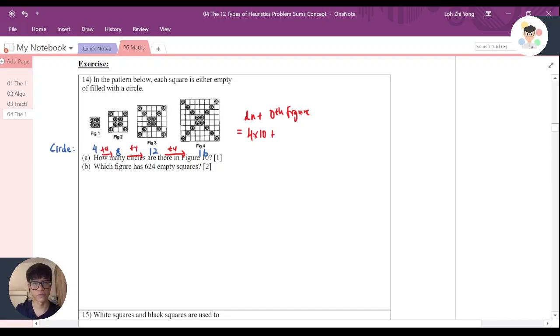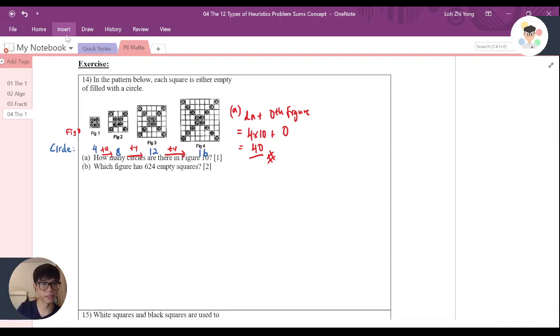And plus 0 figure. What is our 0 figure? We know our first figure is 4, so the figure before that will be 4 minus 4, which is actually 0. That's why the answer is 4 times 10, and it's actually 40. And we are done with this A.